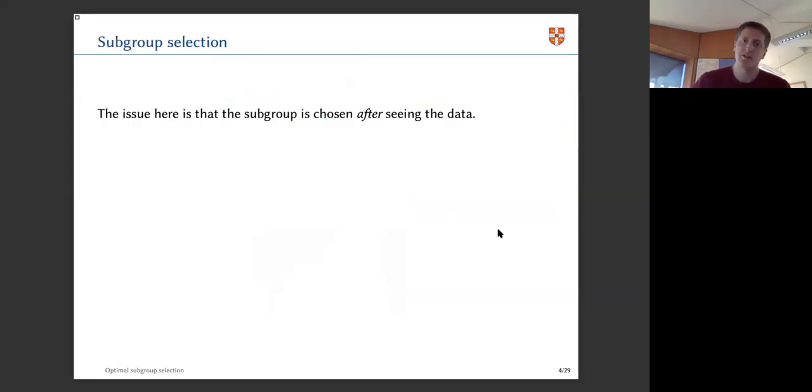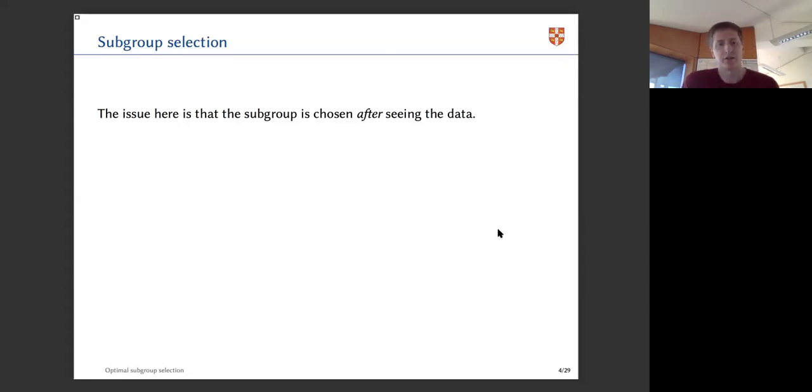And so the key issue here, and what sort of drives this problem, is that the subgroup, in this case the women over 50, was chosen after seeing the data. Okay, so all sorts of phrases like cherry picking and data dredging and data snooping and p-hacking, and probably some rather even worse phrases are thrown at people who do this, and it's generally known to be a bad thing.